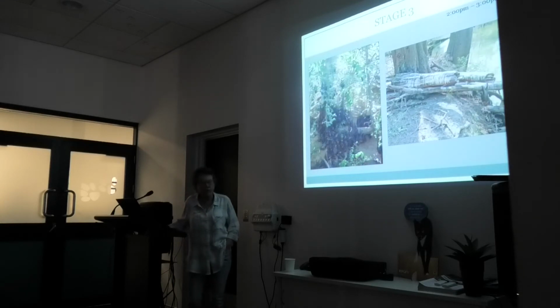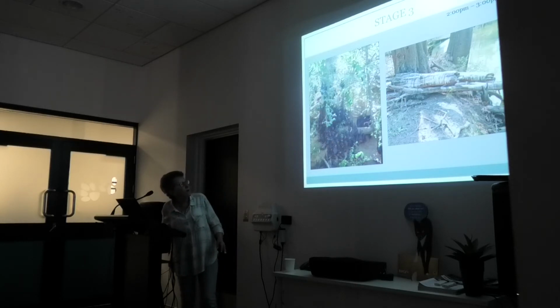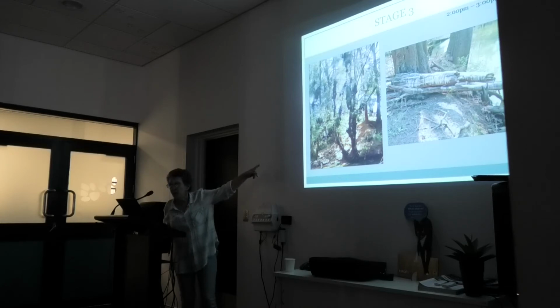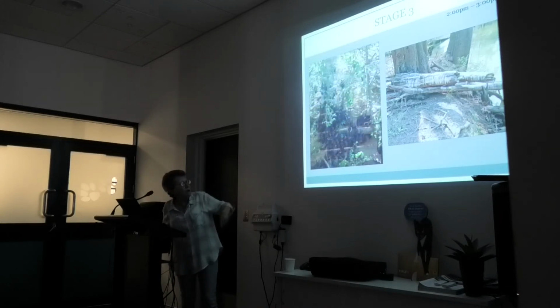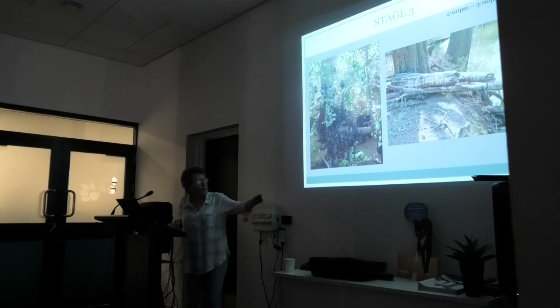Okay, so now we've got to stage 3. This is a riverbank here. They were there, now they're there. That's stage 3. There are about 50 animals under those logs.